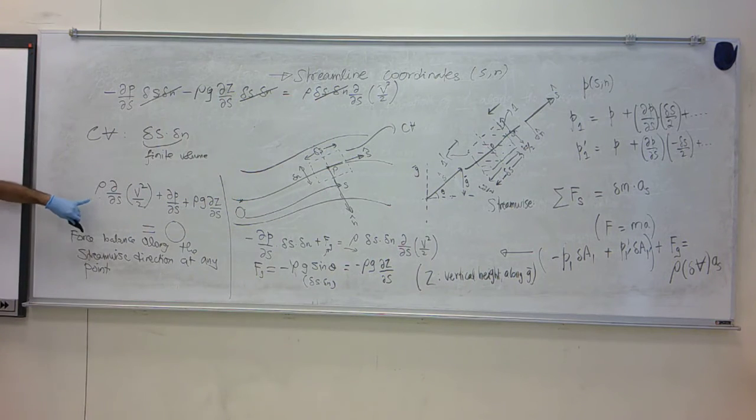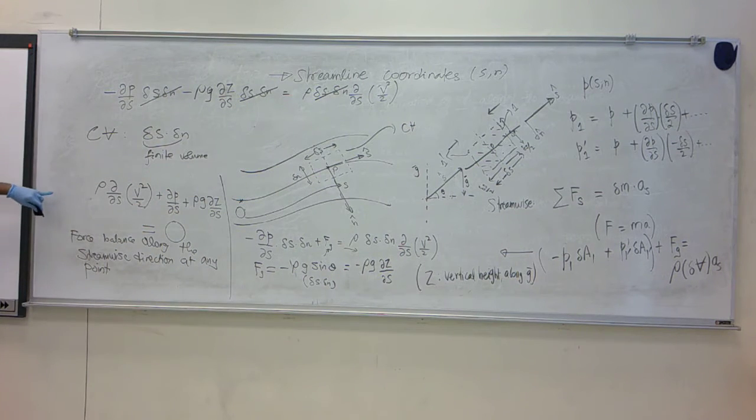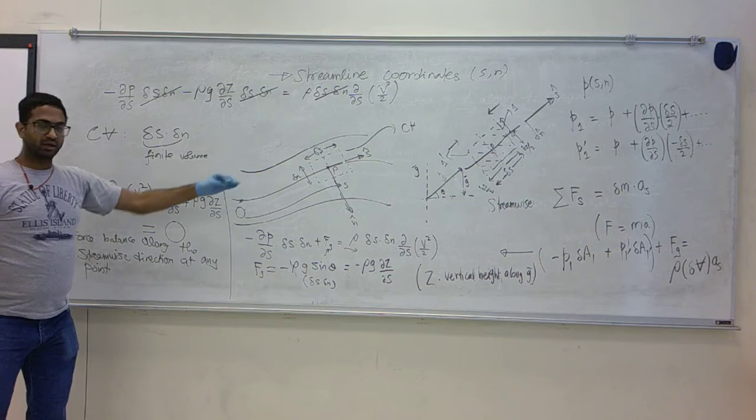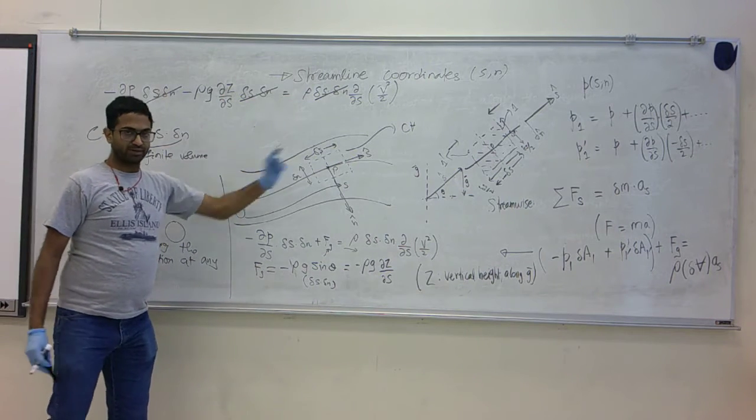In the final equation, this is in a differential form. It's a differential equation, that means it is independent of the choice of P. So that's very important about this statement here. You can be at any point, and this would still be applicable as long as that point is along a streamline. Okay.